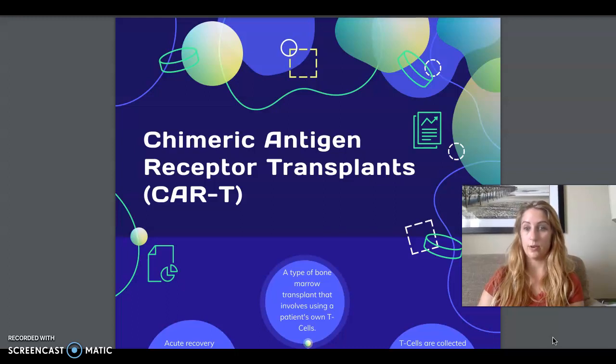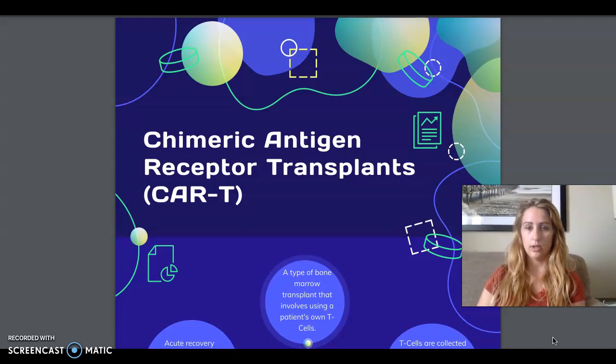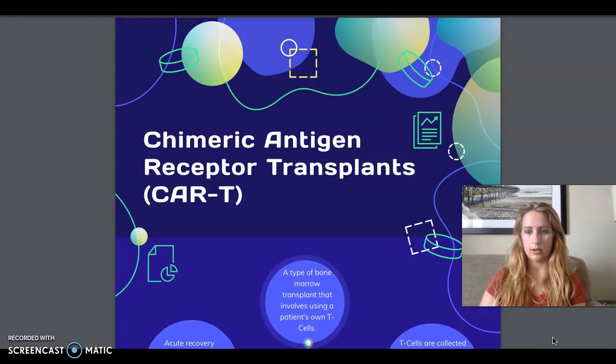I'm sure you guys have heard a little bit about those as you've started to get oriented to the unit. We do a specific unit on CAR T transplants because they can be very complex, and there's a lot that goes into them. You are going to be learning so much. A lot can be overwhelming, so we want to give you as much knowledge on this topic as possible.